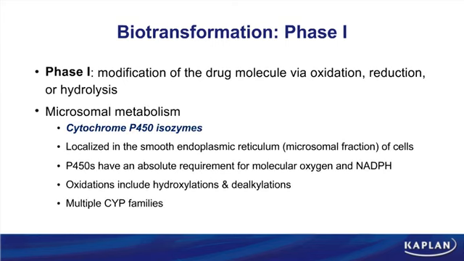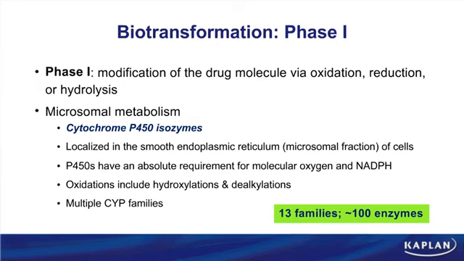There's about 13 families of P450 enzymes with about 100 enzymes total, and P450 enzymes are going to perform a series of oxidation reactions. In fact, the three types of phase 1 reactions are oxidation, reduction, and hydrolysis. P450 enzymes, most of their reactions are oxidations.